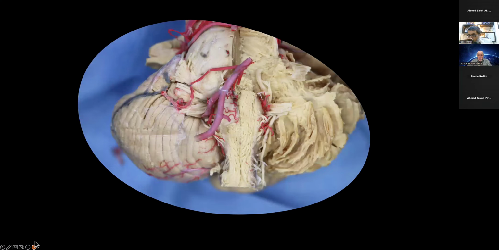In the dissection, we go step by step, removing the arteries, then cutting the perforator arteries to the anterior aspect of the medulla oblongata, and then afterwards we can dissect this very, very important structure that is known as the corticospinal tract of the central nervous system.